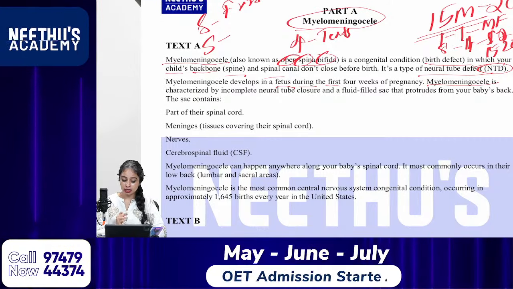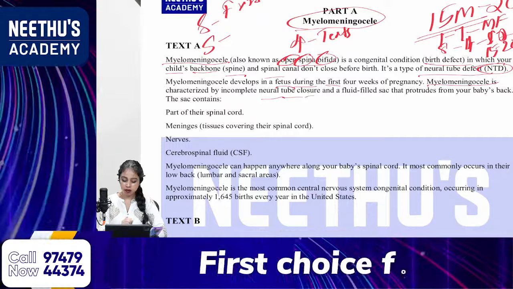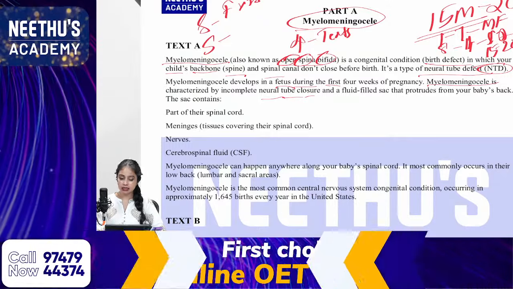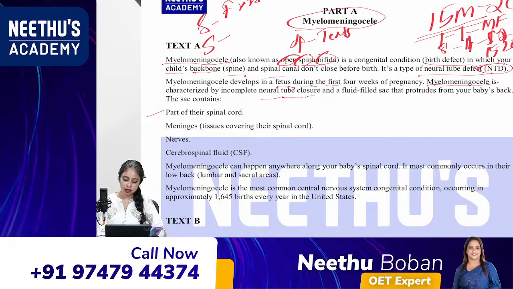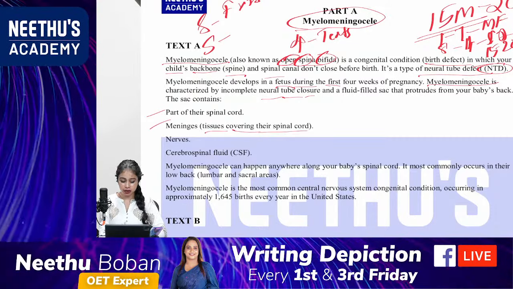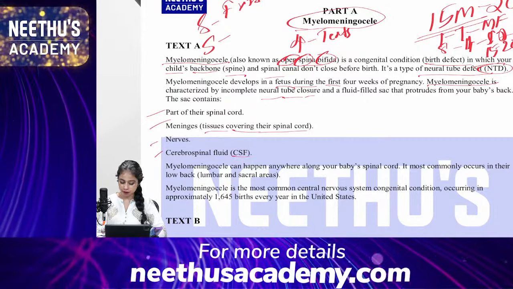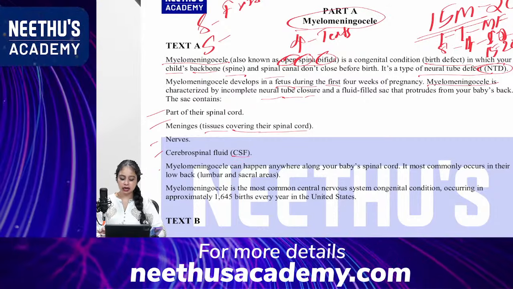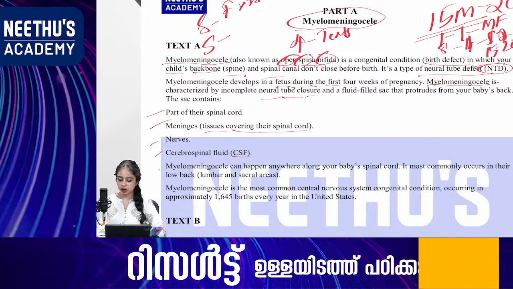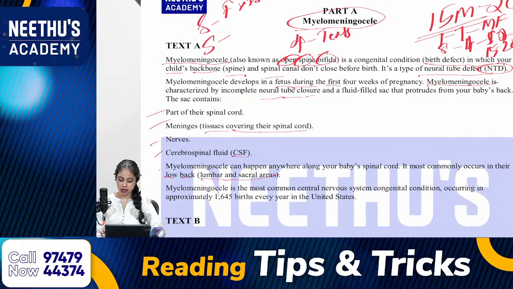BLL is characterized by incomplete neural tube closure and a fluid-filled sac that protrudes from your baby's back.